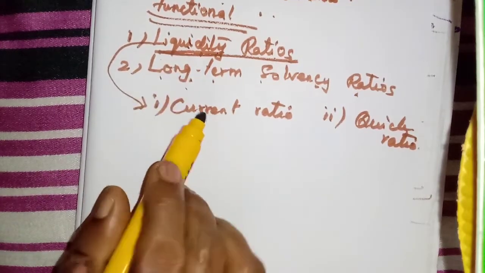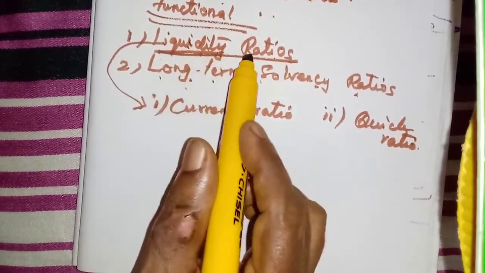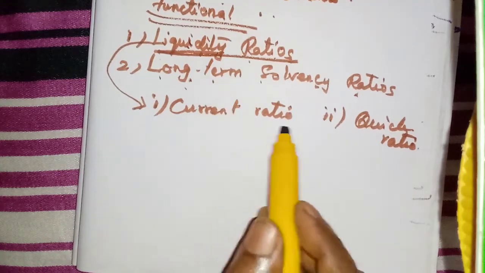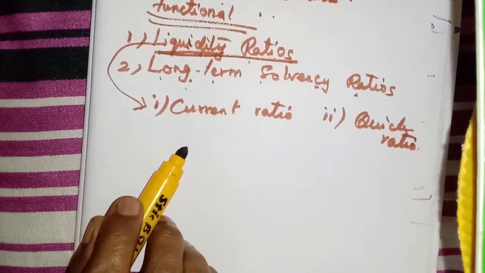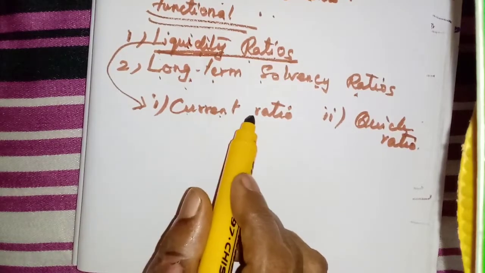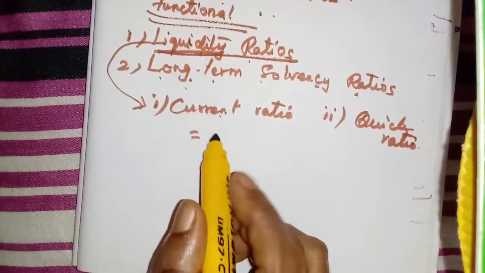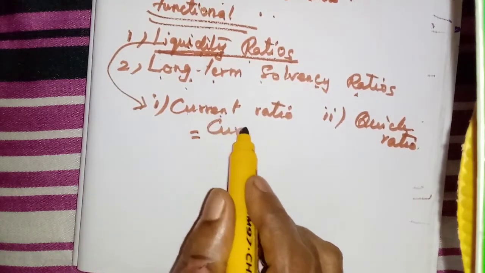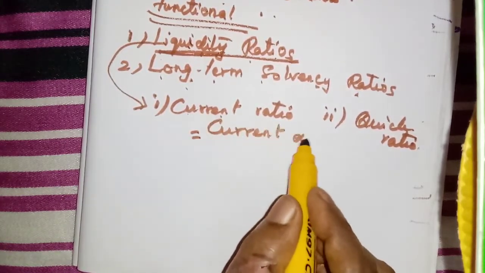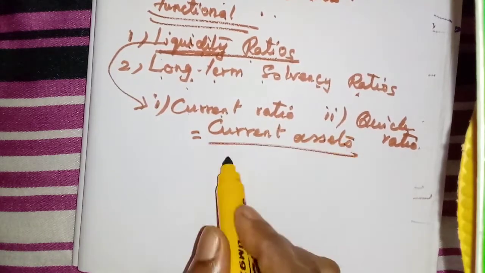Whether the current assets are enough to pay the current liabilities, that is called current ratio. That means the proportion of current assets to current liabilities. So what is the formula? Current ratio is equal to current assets divided by current liabilities.